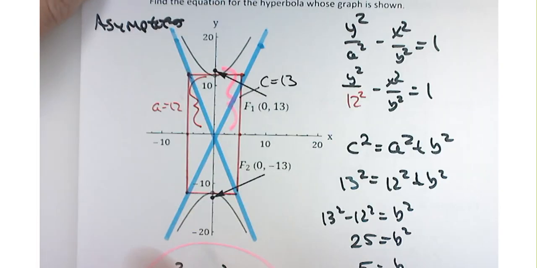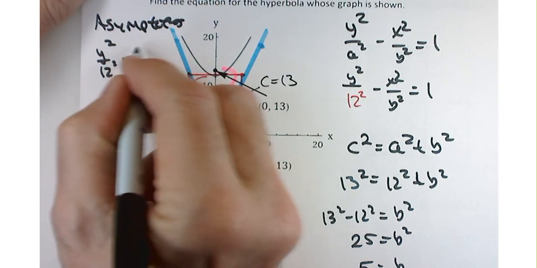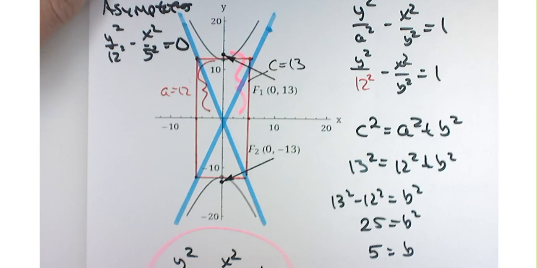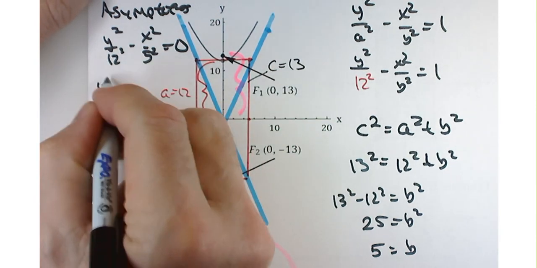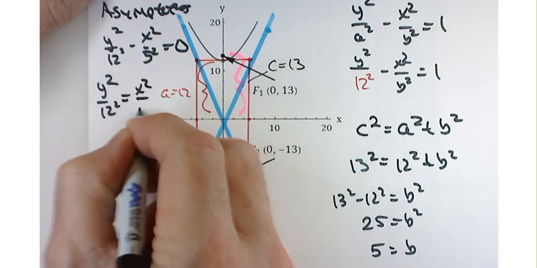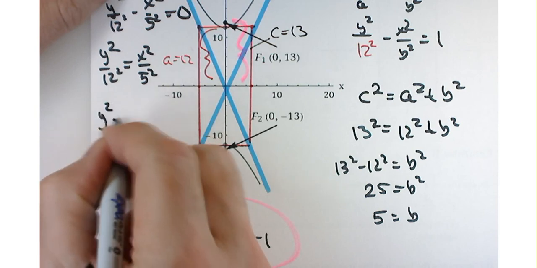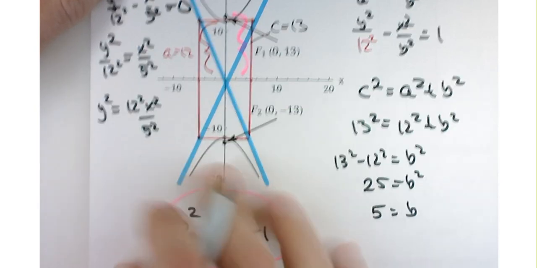If I had y squared over 12 squared minus x squared over 5 squared equals 0, let's solve for y. y squared over 12 squared equals x squared over 5 squared. y squared equals 12 squared x squared over 5 squared.